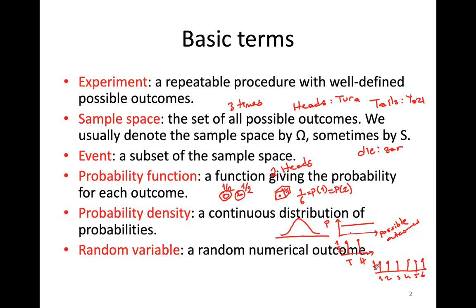But if I am counting the number of heads when I flip a coin 5 times, the number of heads is a random variable because it's a numerical outcome. The number of people entering the classroom is a numerical outcome. The number of photons hitting a sensor is a random variable. The height of a person is a random variable.